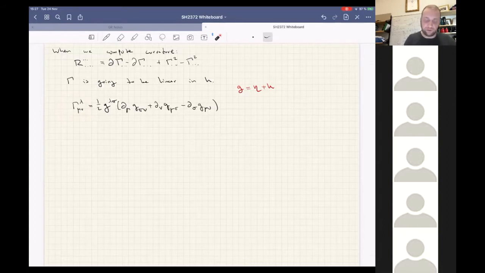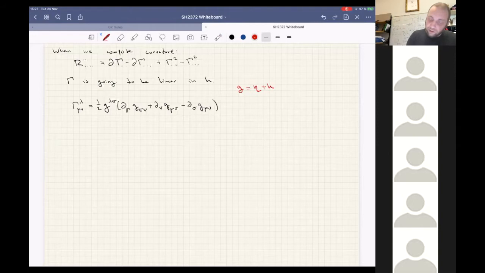They have no contribution from the zeroth order in h. So if we look at the curvature here, gamma squares are going to be of order h squared. So they're not going to be relevant for computing the curvature to linear order. Instead, we're going to be left with these, since the gammas themselves are linear in h. So we're going to end up with some first order terms, which are second derivatives of h.